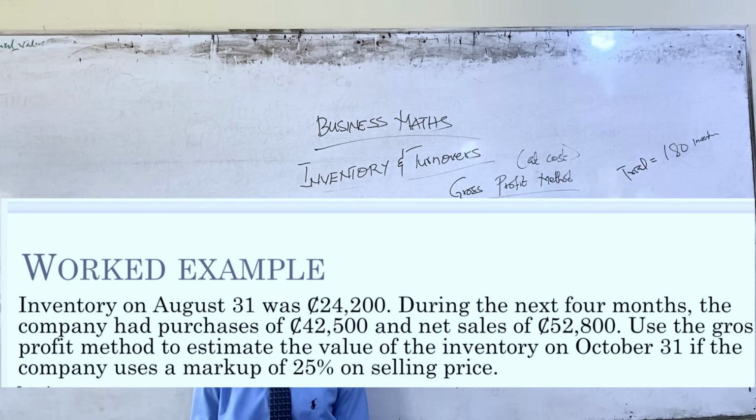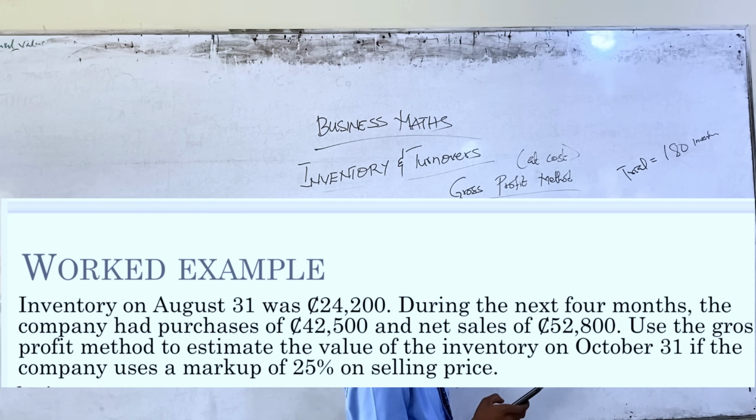During the next 4 months, the company had purchases of 42,500 and net sales of 52,800. Use the gross profit method to estimate the value of inventory on October 31st if the company uses a markup of 25% on selling price. Okay, so we are done reading the question.